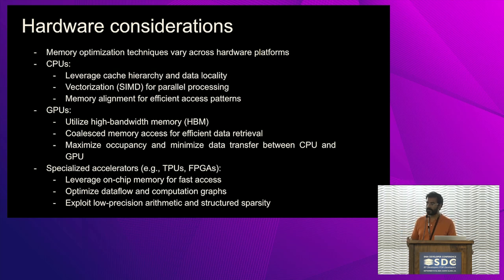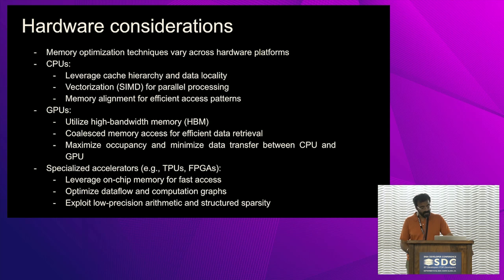There's a very nice lecture online on this, where you are not trying to bring the data to compute, but compute to data. A lot of the real estate on GPU, or even in ML model training and inference, is spent on how we can get data faster, closer to the compute. But in-memory compute is this new paradigm where your memory itself has compute in it, and you can get the compute closer to the data sources.